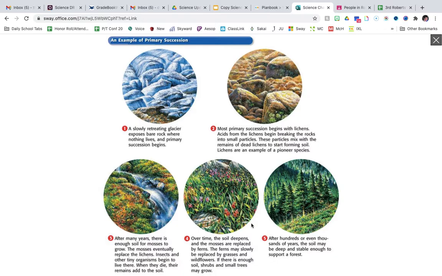If there's enough soil, shrubs and small trees will begin to grow. And then finally, after hundreds or even thousands of years, the soil may be deep and stable enough to support a whole forest. So from a retreating glacier all the way to a forest.